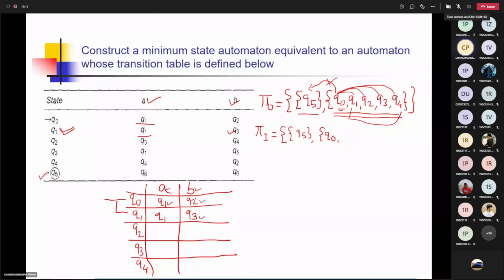So Q2 and Q3 are within the one set, that we have to check. Q2 is present here and Q3 is present here, means within the one set. So when these elements are appearing within the one set, then this present state, that is the Q0 and Q1 are equivalent. Understood?